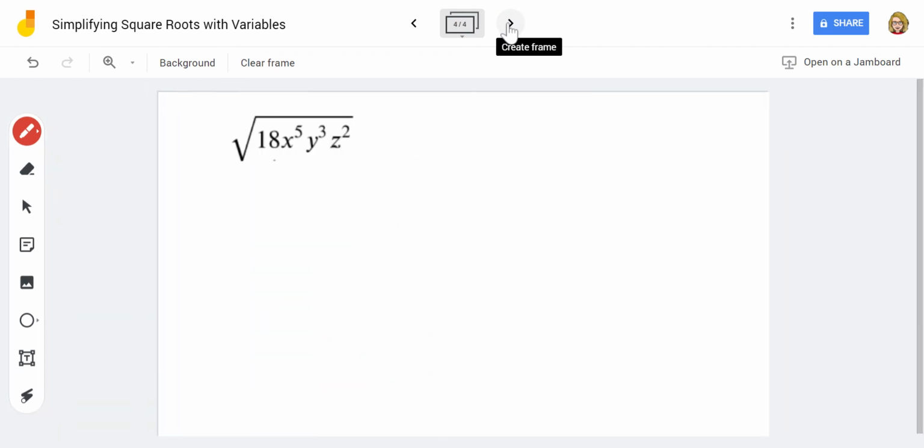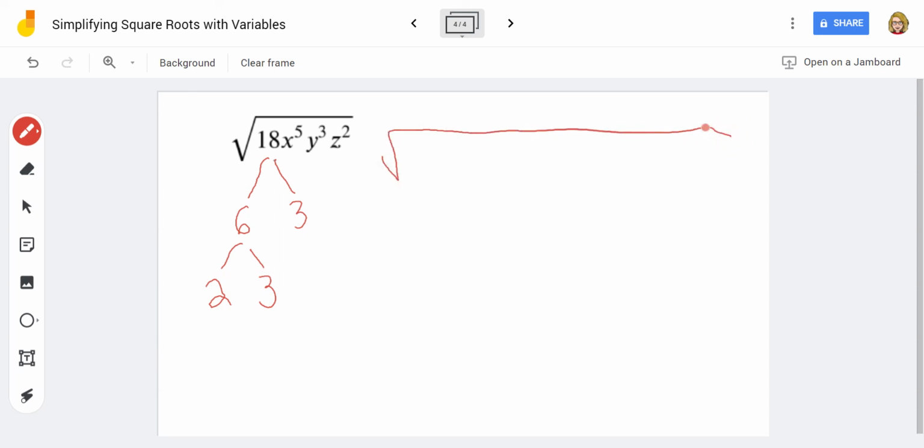And then my final one, so let's factor 18. 18 is 6 times 3, and I can factor 6 into 2 and 3. So let's rewrite this as 2 times 3 times 3.